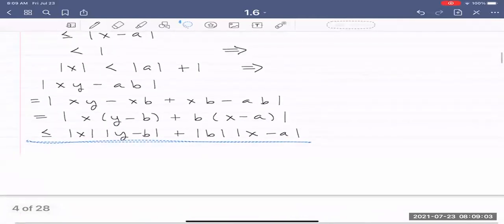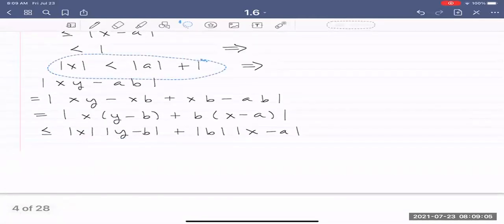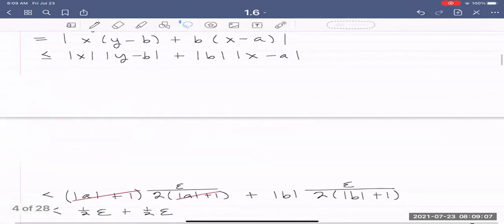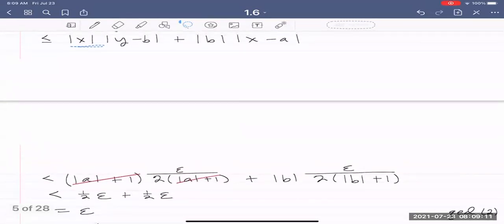Well, we have that the absolute value of x is less than the absolute value of a plus 1.